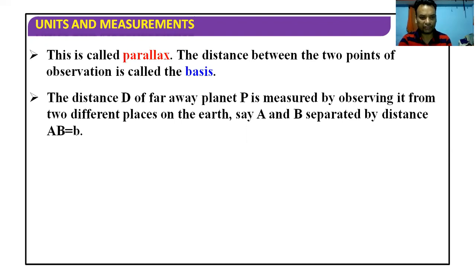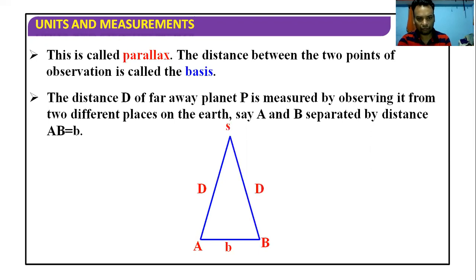The distance D of a faraway planet P is measured by observing it from two different places on the Earth. So now we are going to find out how to find the distance of a faraway object from the Earth. Suppose AB is our Earth and this is the Sun, and we are interested in finding the distance D of the Sun from the Earth.